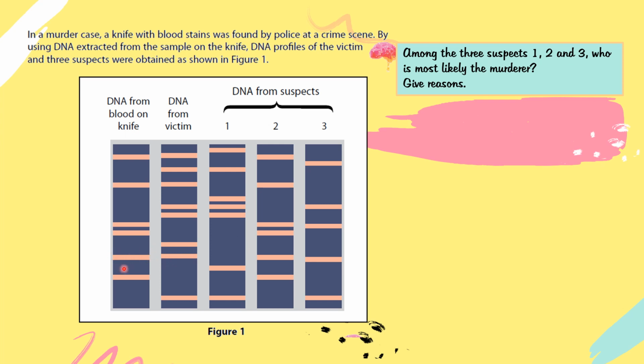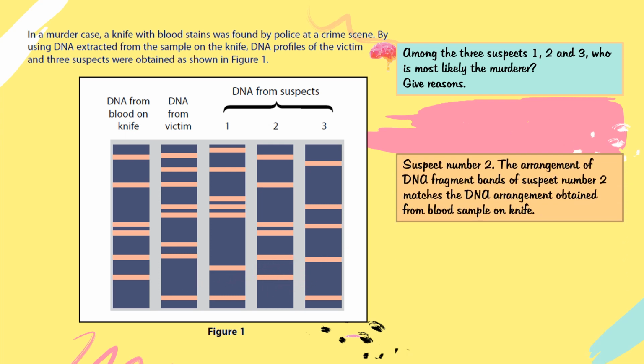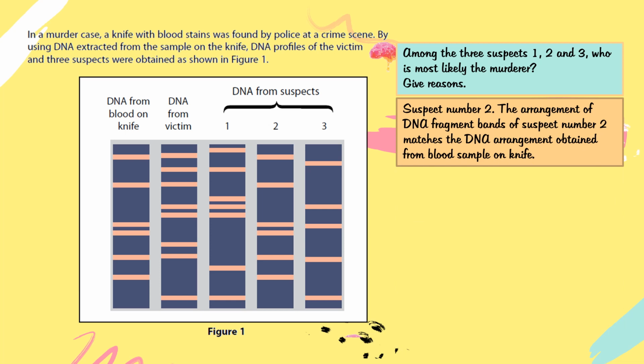And then this band over here was also matching with the DNA from the victim and also suspect number 2. And lastly, the last band over here is also matching with the DNA of the suspect here. So, most likely to be is suspect number 2. The arrangement of DNA fragment bands of suspect number 2 matches the DNA arrangement obtained from the blood sample on the knife.